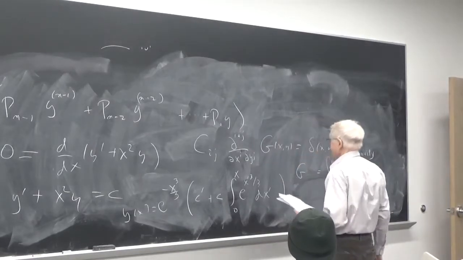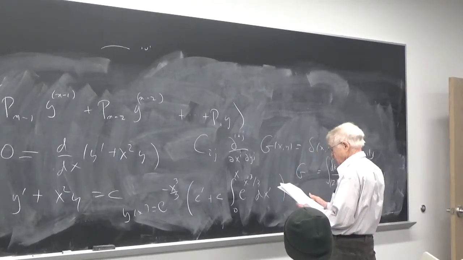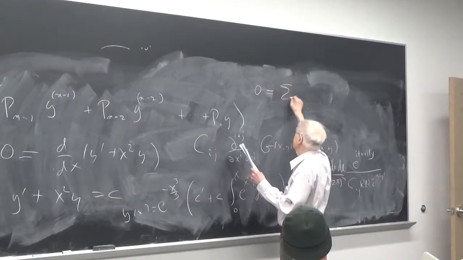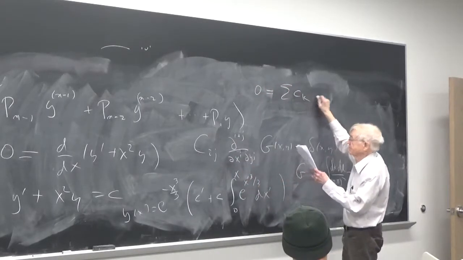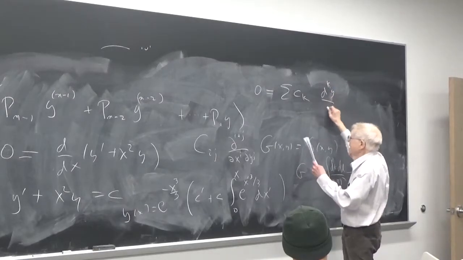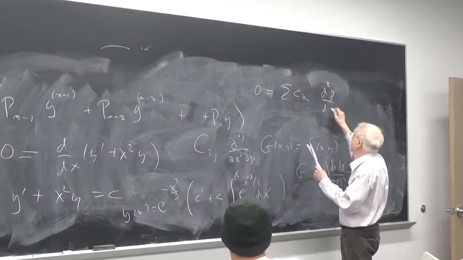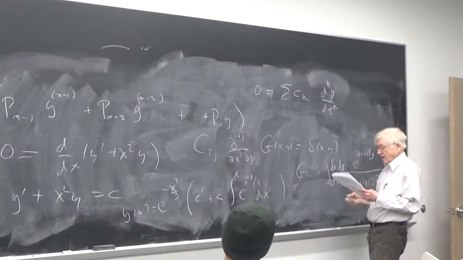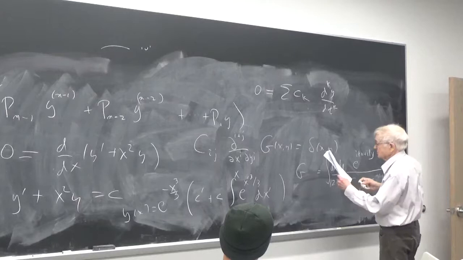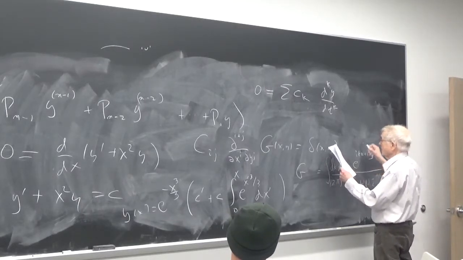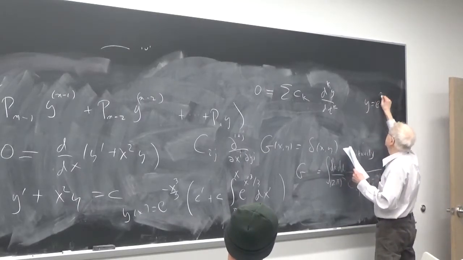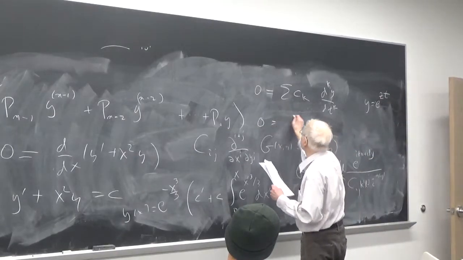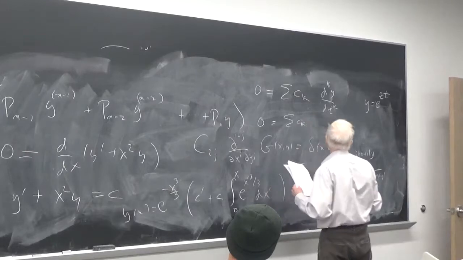Well, it turns out that for differential equations, it's sort of amusing if you have a sum of c_k d^k y over dt^k equal to 0. Well, you can just let y equal to e to the zt, and then what do we get? 0 is equal to the sum of c_k.